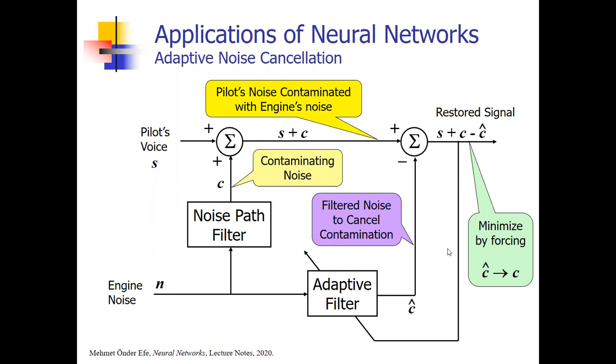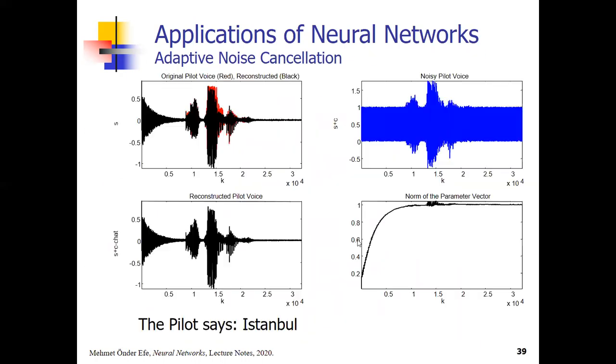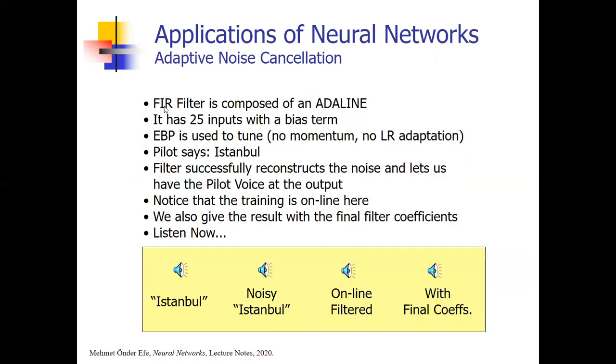This is a nice application of adaptive noise cancellation. It is based on the identification of the noise path filter correctly. Okay, this is a digital filter, and this is another digital filter, which is adaptive and a finite impulse response type of filter, as shown here.